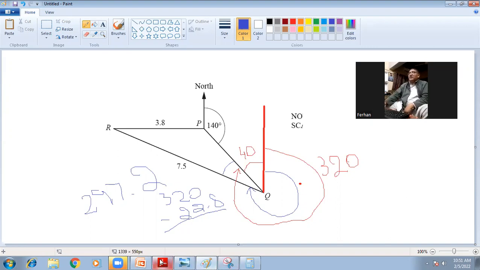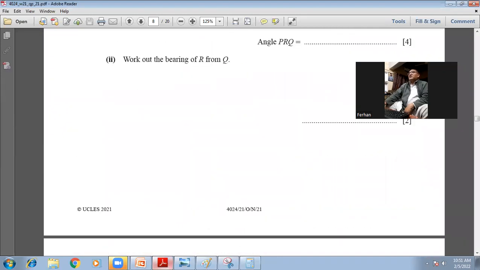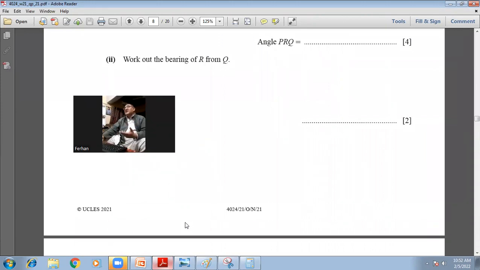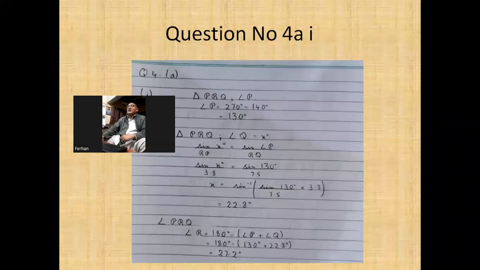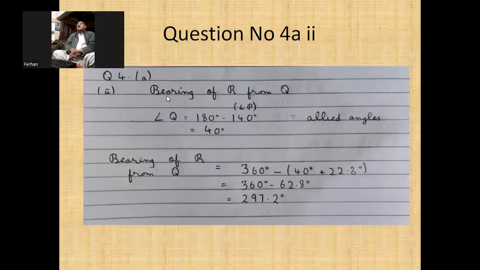So let's go back to that question. That was a 2-mark question. He says, work out the bearing of the R from the Q. I have tried to show you how this is done. Now let me show you when we did it in the paperwork. So the bearing of the R from the Q will be 180 minus 140.